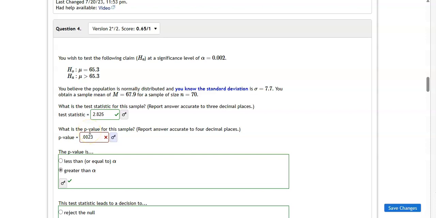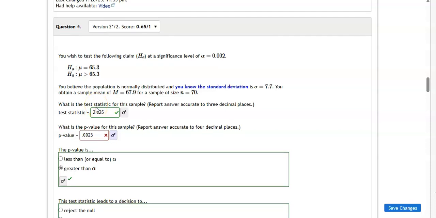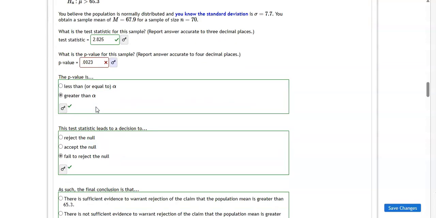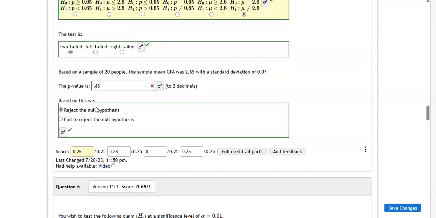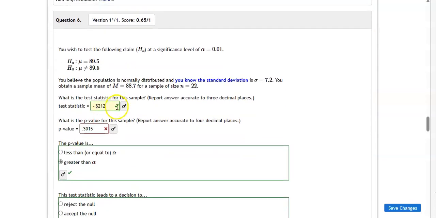So let me summarize. If we have a greater than, we're going to look up the test statistic in Excel and subtract from 1. If we have a less than, we'll just look up the test statistic in Excel. If we have a not equal to, we could have two situations.